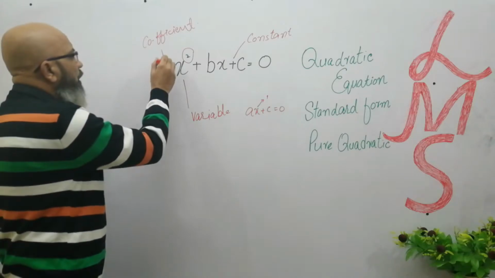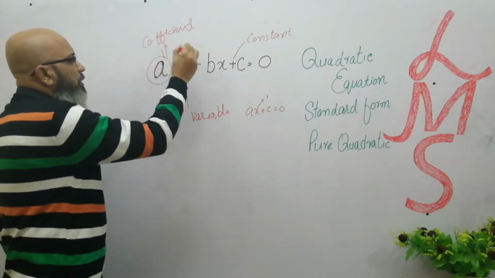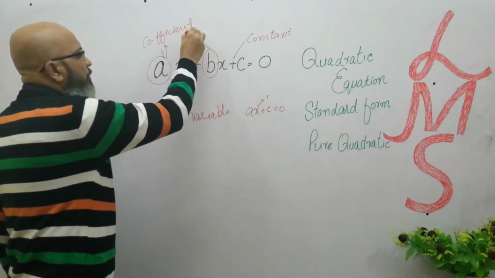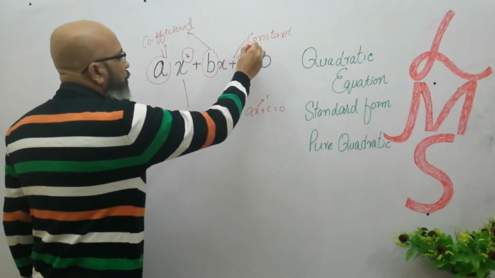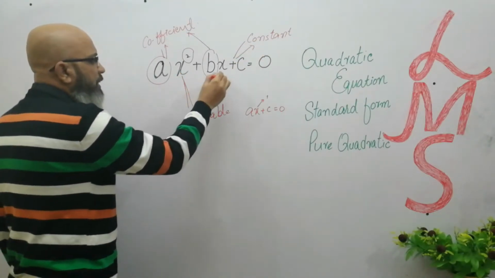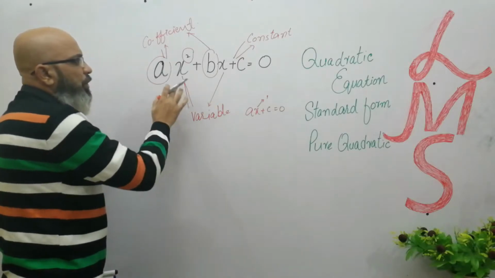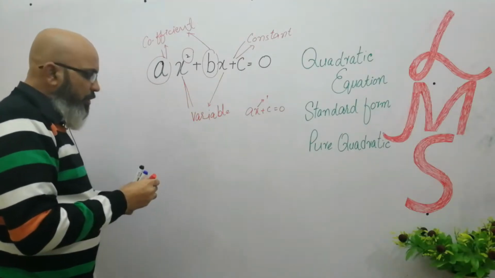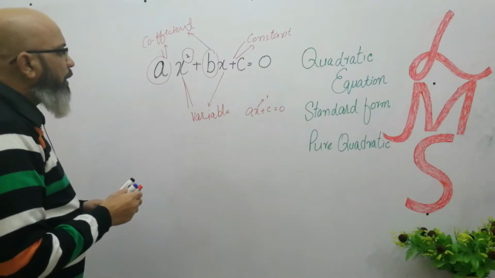So as you know, this is your coefficient, this is also your coefficient, and this is called constant, and this is your x is your variable. So this is your quadratic equation with variable x.